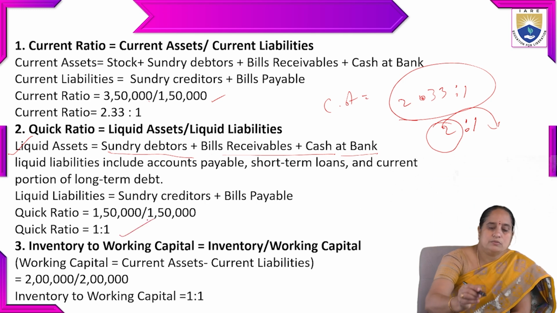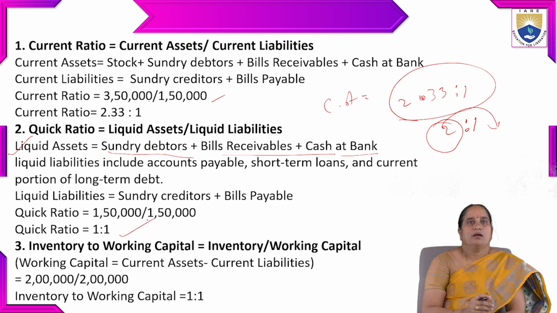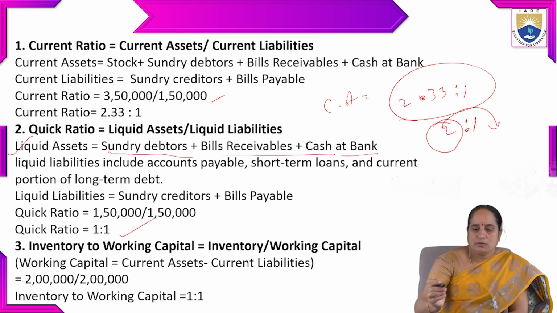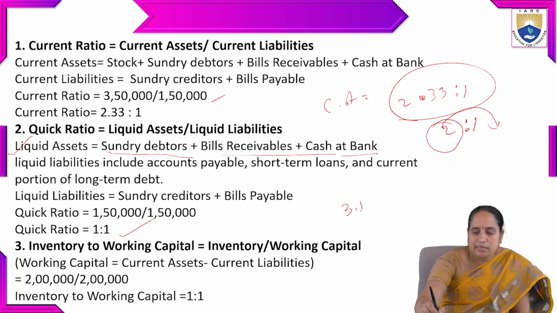This also sounds good. And inventory to working capital can be derived by the formula inventory divided by working capital. Working capital is nothing but the difference between current assets minus current liabilities. We know current assets total is 3,50,000 minus current liabilities 1,50,000.